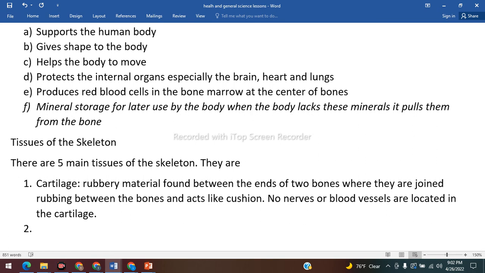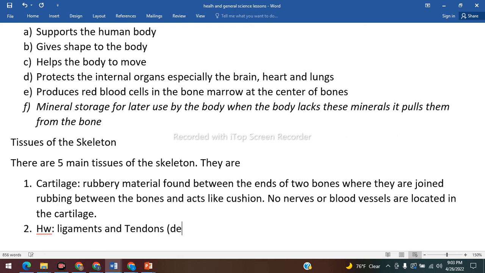So homework, I want you to give me some information about the next ones, ligaments and tendons.